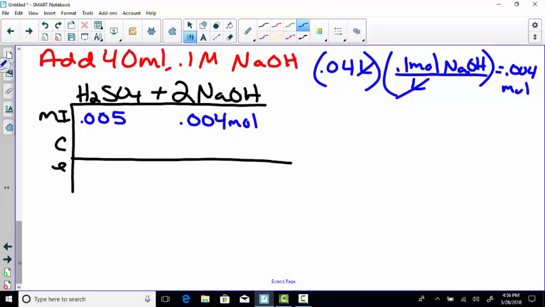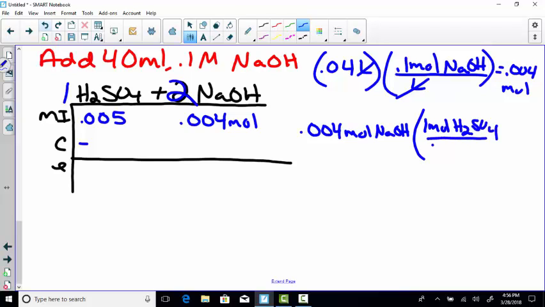But I have the same stoichiometry issue. I still have a 1:2 mole ratio. So, I am not going to subtract 0.004 from this side. I have to calculate how much is going to actually disappear. So, 0.004 moles of NaOH times a 1:2 mole ratio, 1 mole of H2SO4 for every 2 moles of NaOH.